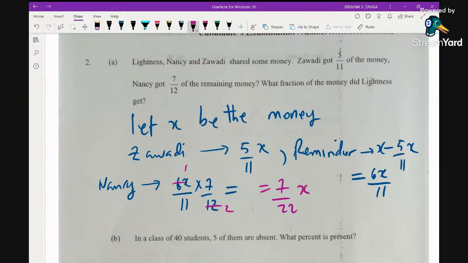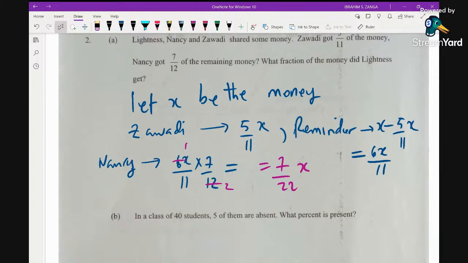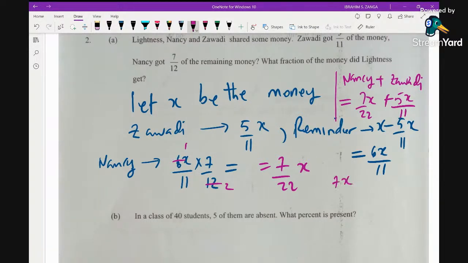So what fraction of the money did Lightness get? If you take the money given to Nancy plus Zawadi, it is 7x over 22 plus 5x over 11, which is equal to 7x over 22 plus 10x over 22.